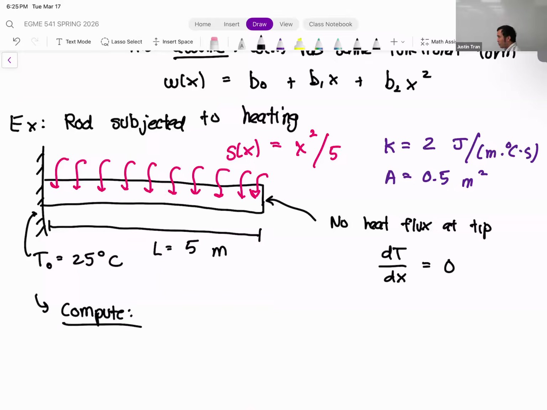In both parts of this problem, we are going to solve for the temperature distribution T of x.